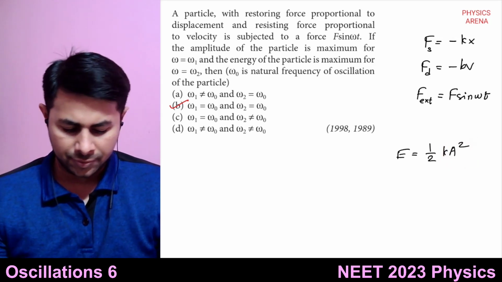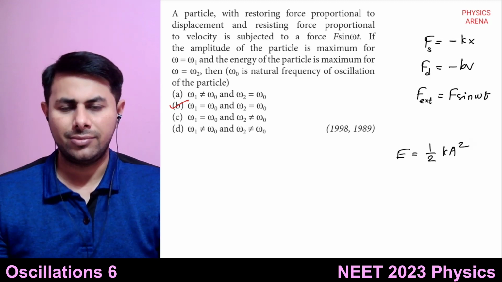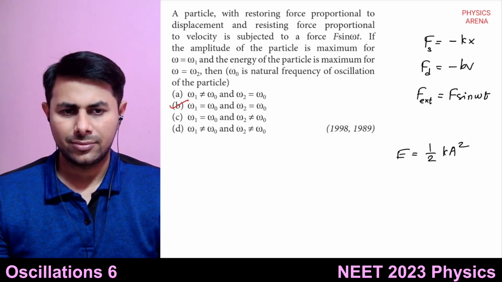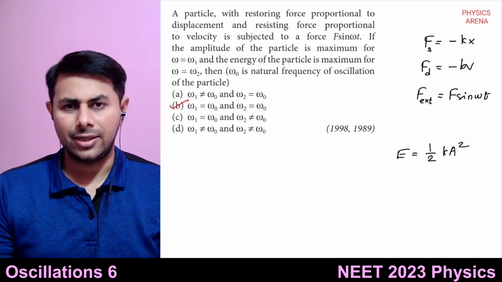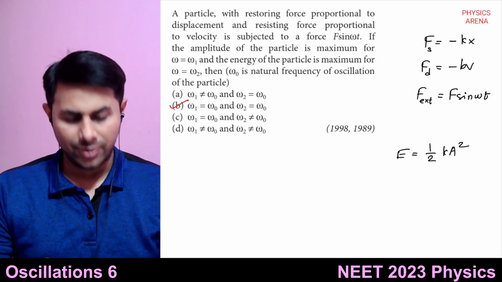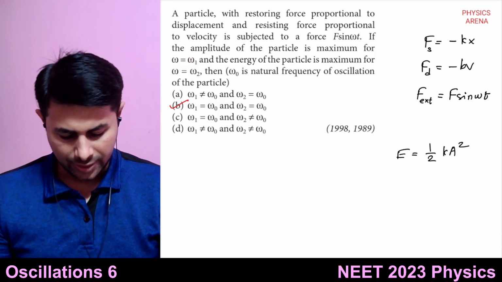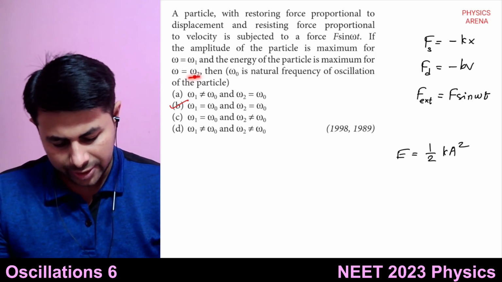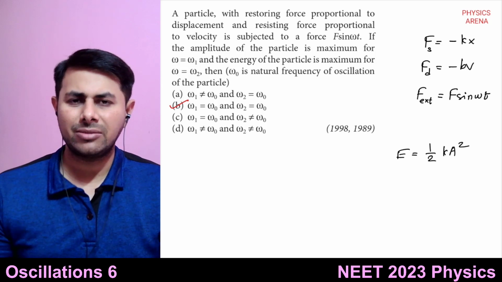So when amplitude is maximum, then only energy will be maximum, right? When amplitude is maximum, then only the energy will be maximum. So amplitude is maximum at omega 1, and energy is maximum at omega 2. So these two frequencies must be equal.